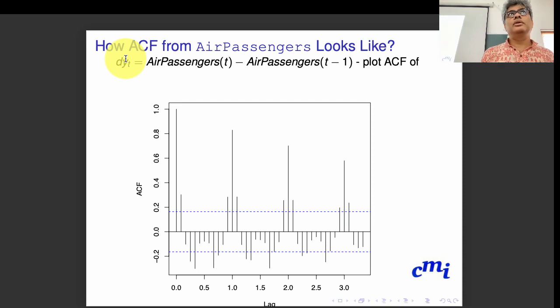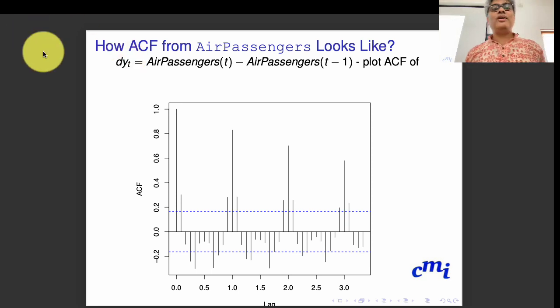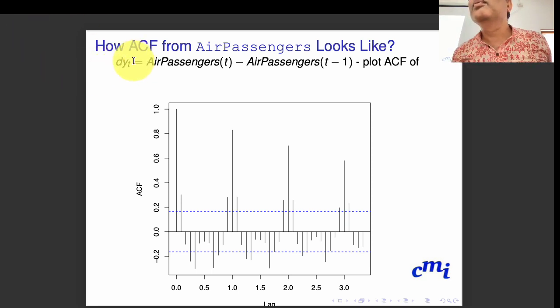Make sense or not? Okay, so you have a homework. The homework is to plot the air passenger series, and plot this dyt series, which is the consecutive difference. My educated guess is that because there is a linear trend, after taking the consecutive difference it becomes a mean zero process, meaning the entire trend part is gone.